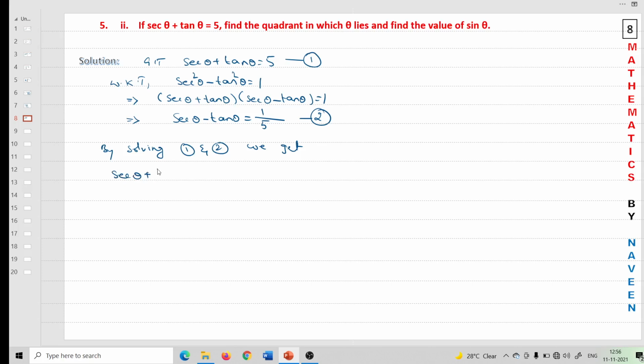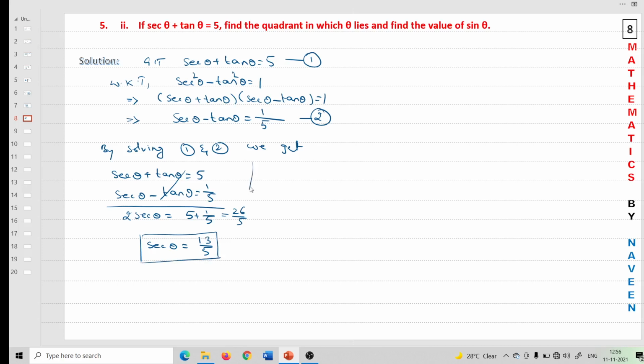Secant theta plus tan theta is equal to 5, and secant theta minus tan theta is equal to 1 by 5. Here these two get cancelled. 2 times secant theta is equal to 5 plus 1 by 5. LCM 5, so 25 plus 1, 26 by 5. So secant theta value is 13 by 5.